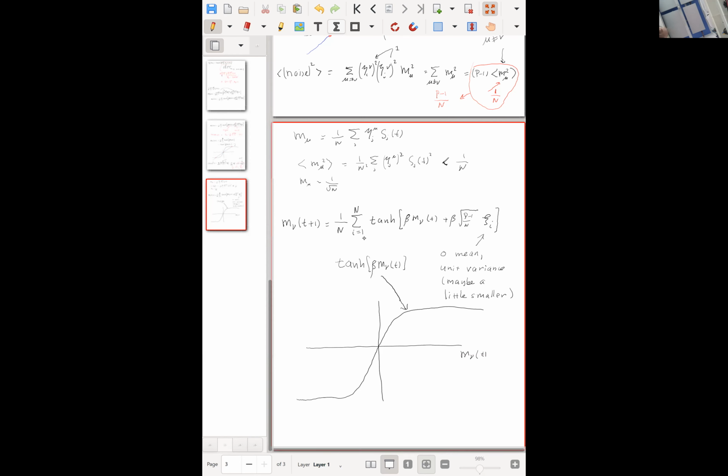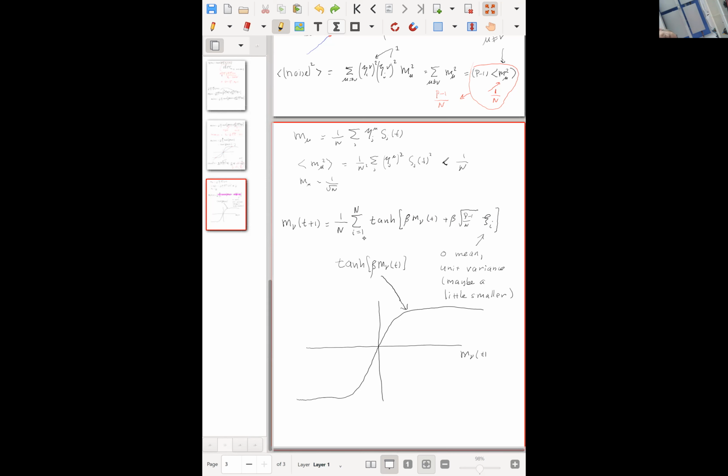Okay, and what we want to know is what does a noise do to this curve? So what are we doing here? We're taking basically a sum over n, and for each n, we're taking the tangent, and squiggle I can be positive or negative, so it's a little bit bigger or a little bit smaller. So this term here adds or subtracts to this term beta m nu.